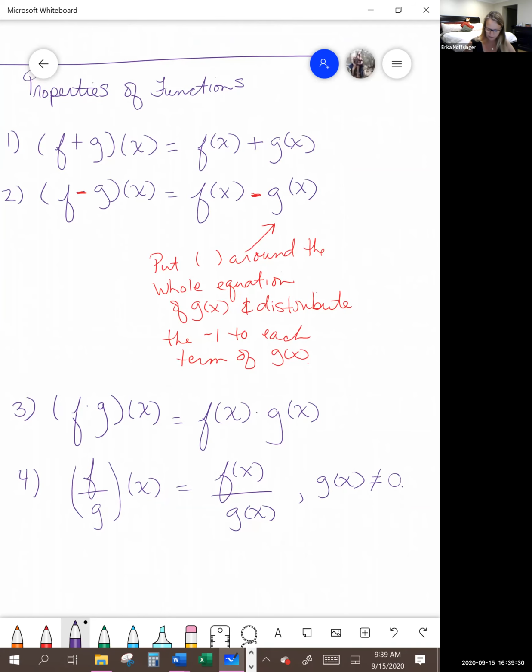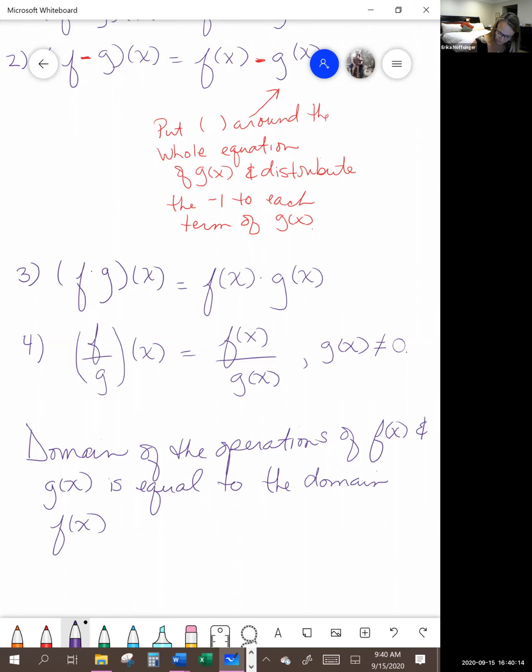If you are looking at the domain of these operations, like f of x and g of x, the domain is equal to the domain of f of x intersection the domain of g of x, which means what they share in common.